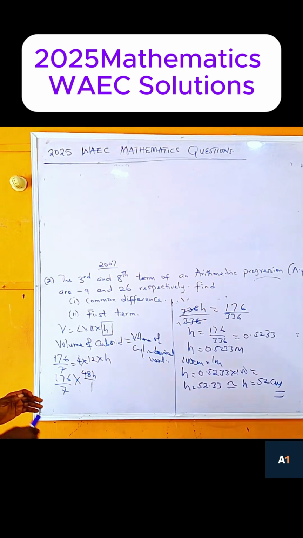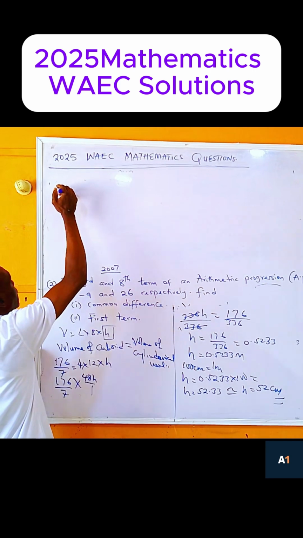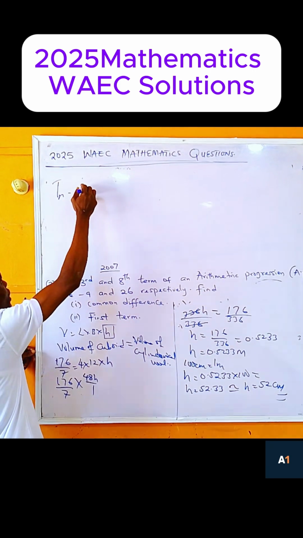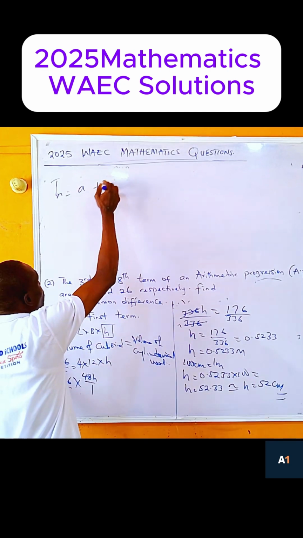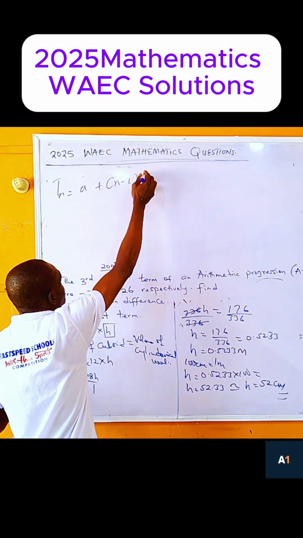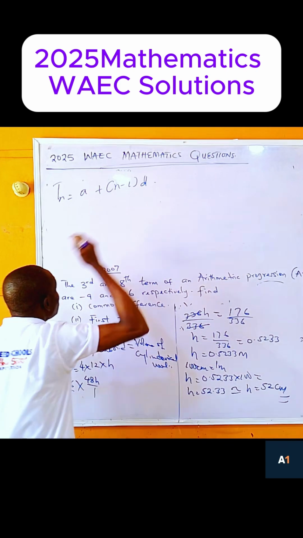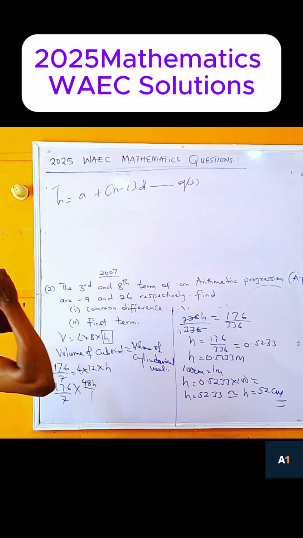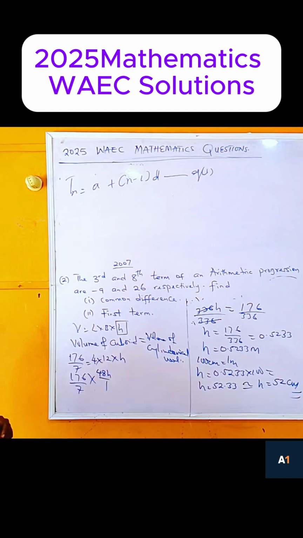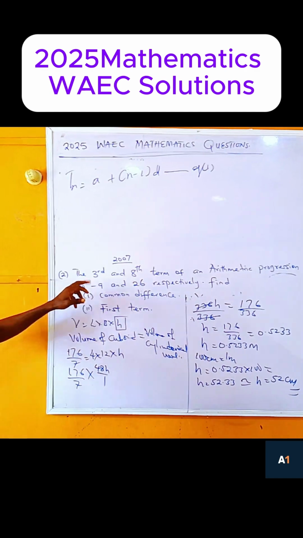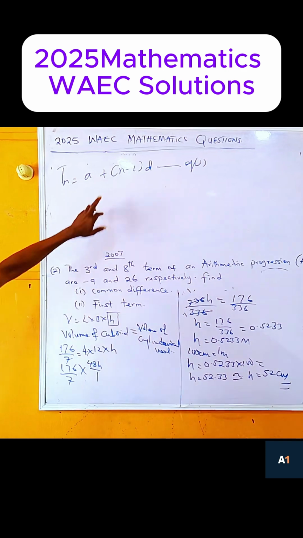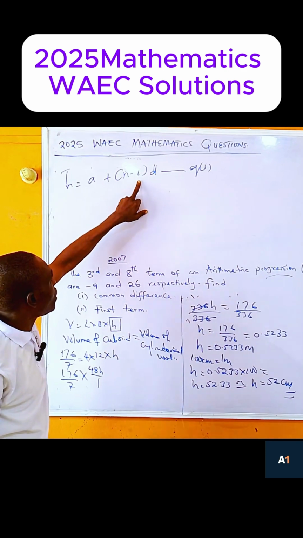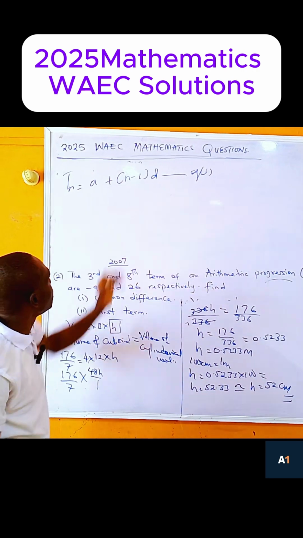Now let's design equations for it. So you all know that the nth term is equal to A plus open bracket n minus 1 close bracket D. That is the general formula. Let's call this equation 1. Now, for the third term, n will be equal to 3, so 3 minus 1 will give you 2, 2 times D, which means 2D.